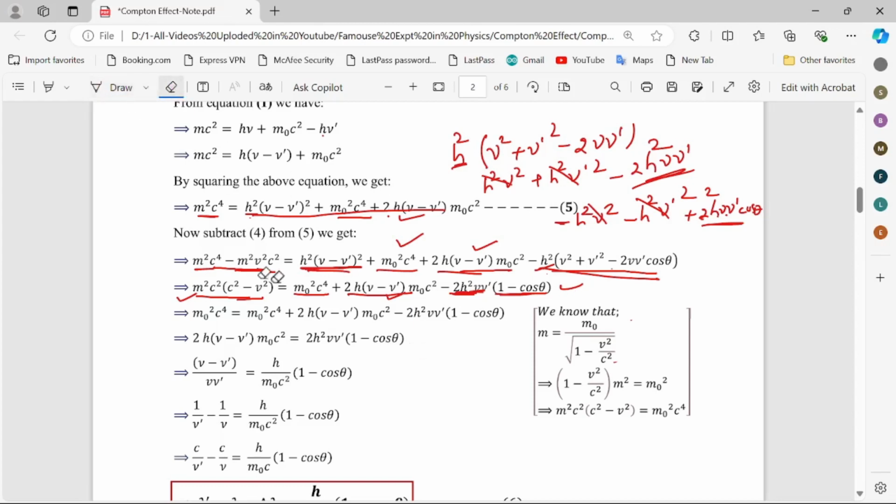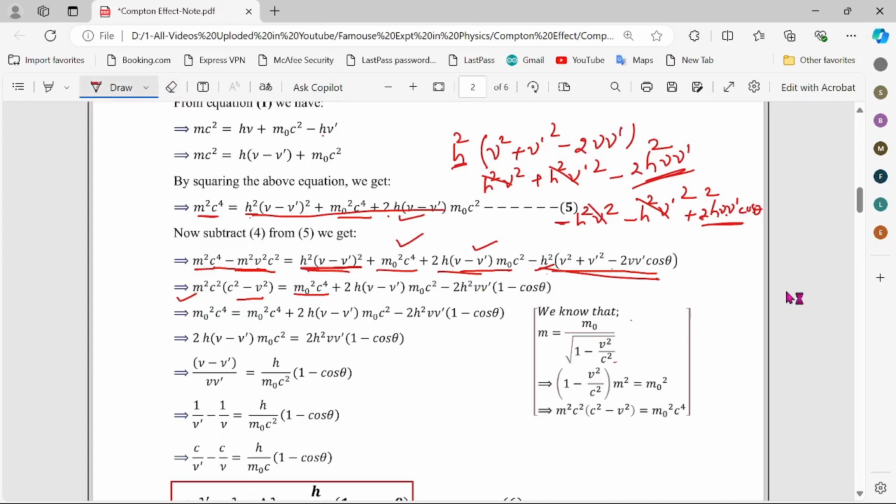Now, m square c square into c square minus v square, the value is m naught square c to the 4. How is it? We know that m is nothing but the relativistic mass, equal to gamma into m naught. The gamma value is 1 by root of 1 minus v square by c square, into m naught.